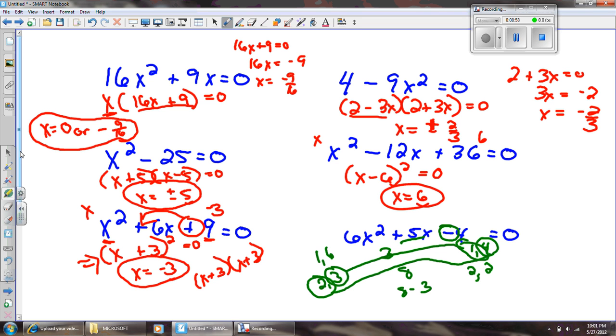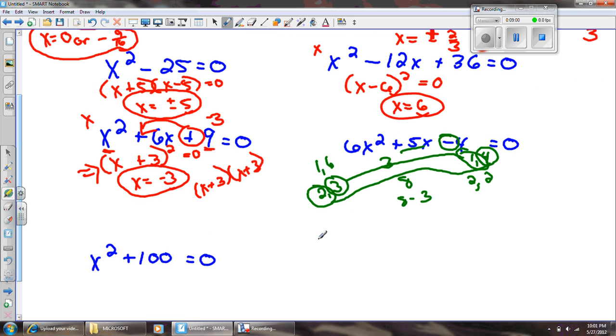All right, so when I go to factor this one, I know I'm going to have a 2x and a 3x. I know that the 2 gets multiplied by the 4. I know that 3 gets multiplied by a 1. I need the 2 times 4 to be positive, and that to be negative.